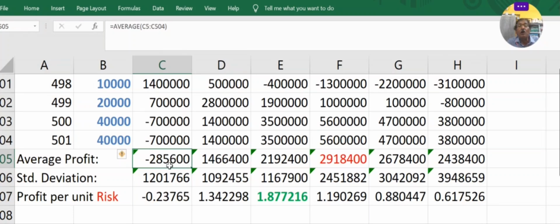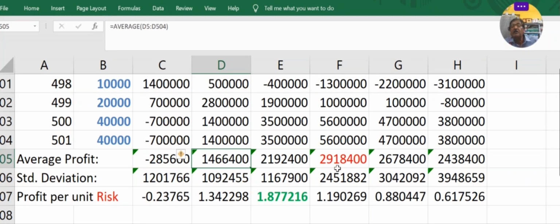That means you will be in loss, because by considering 500 random demands, the calculation gives the result that you will be in loss of 2,85,600. In this way, for 20,000, 30,000, 40,000 of production, all productions, the average profit has been calculated.